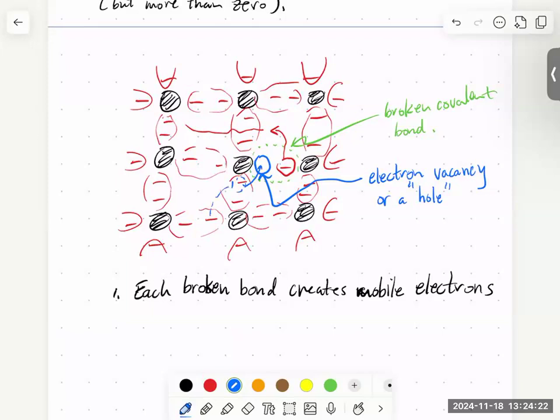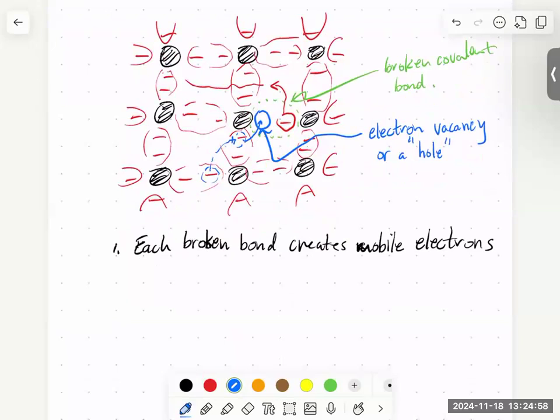And then this electron jumps into that hole, and so now our hole's over here. So we can have both the free electron moving throughout the sample and this so-called hole moving about through the sample. If I keep having electrons hop in this direction, that's the same thing as having an effectively positive charge move in the opposite direction. And so it's another mechanism by which you can conduct electricity or establish a current.